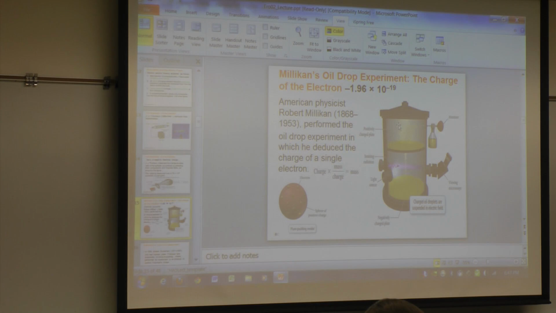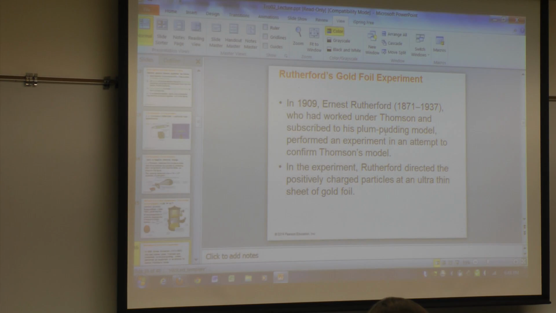And then another scientist, Millikan, came up with the charge of the electron to be minus 1.96 times 10 to the minus 19.